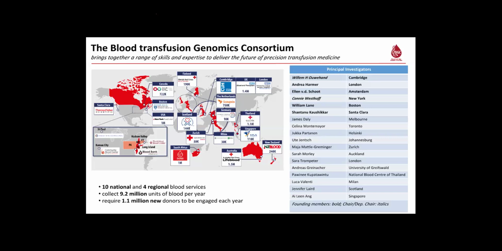Central to this collaboration is the University of Cambridge. That is where the research lead is based, and from where the study has been coordinated. But there were 2 further reference laboratories together with Cambridge, one in the US at the American Blood Service, where Connie Westhoff works, and the second one at Sanquin in the Netherlands.